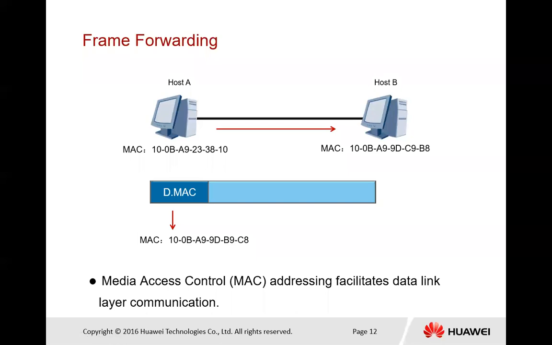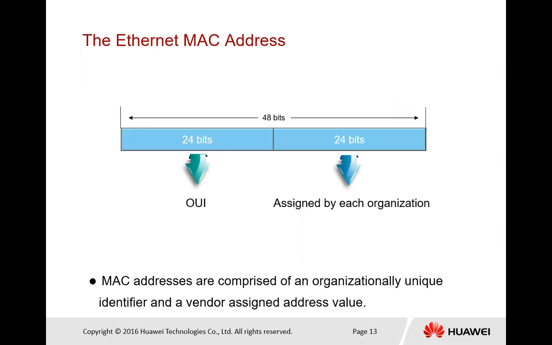It means I don't know my destination's MAC address at that time, but we have to assign a MAC address to the frame, so it will be all F. That is the broadcast MAC address. So next we have the Ethernet MAC address.